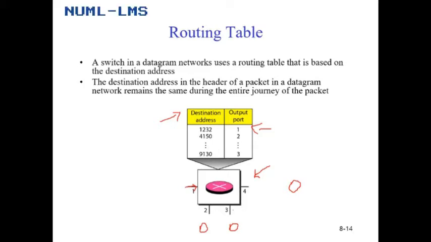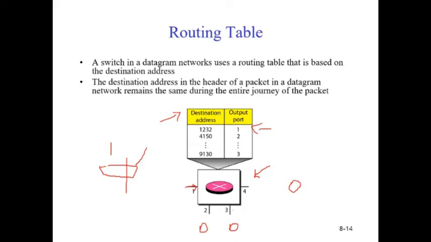Now let's talk about destination addresses. Every packet in a datagram network carries a header that contains, among other information, the destination address. So remember, a datagram network packet has a payload and an address, which is called the destination address. When the switch receives the packet, this destination address is examined. The routing table is consulted to find the corresponding port through which the packet should be forwarded.